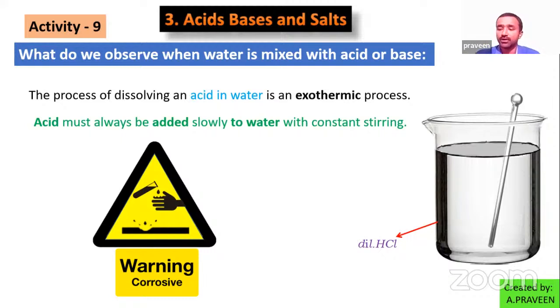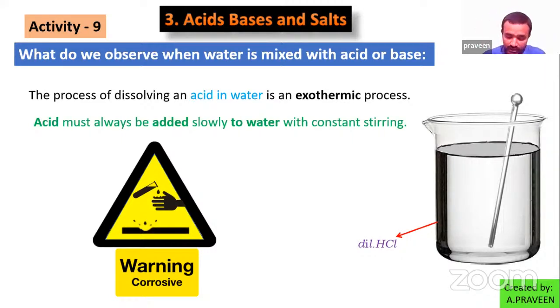In the last class, I discussed activity number 9, about what happens when we mix acid into water or water into acid. That topic was clearly discussed. It is an exothermic process.